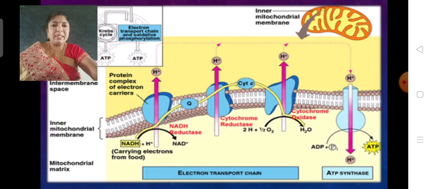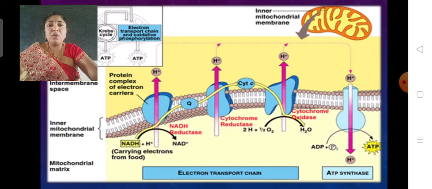It is a prosthetic group. After receiving the electrons, FAD sends them to FMN, the second complex, and in between they enter the quinone cycle, that is ubiquinone is reduced to ubiquinol.